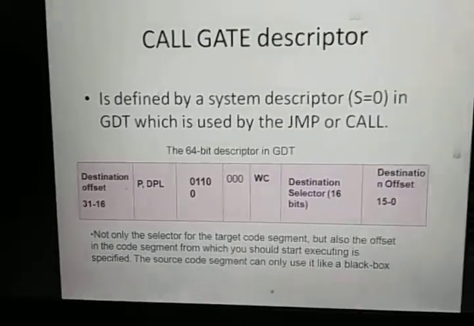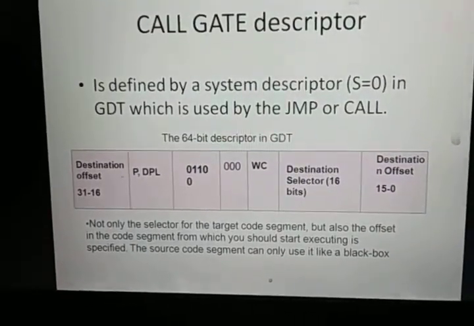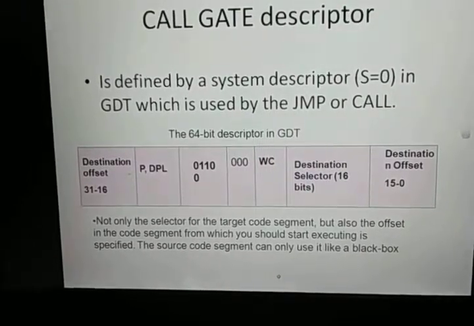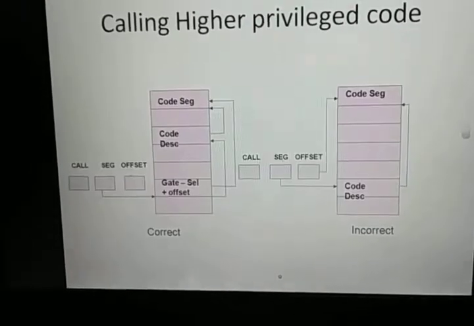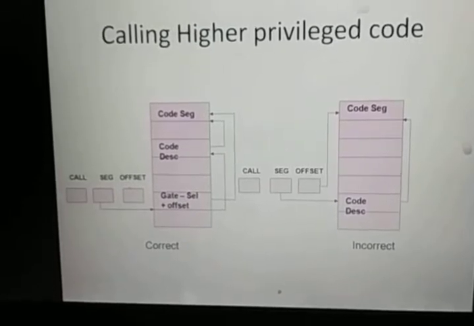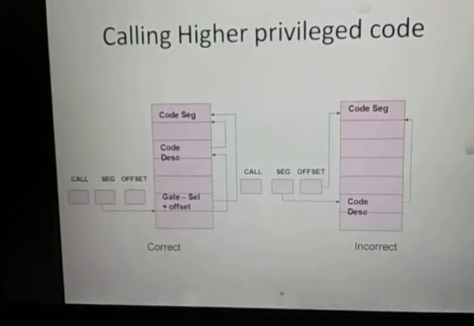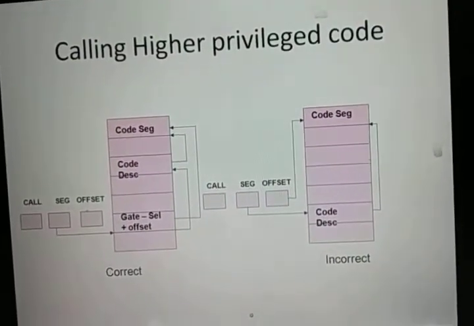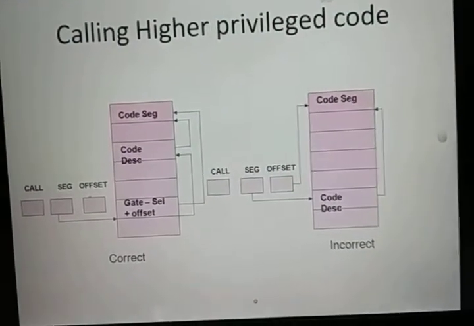Call gate descriptor. It is defined by a system descriptor in the GDT, which is used by the jump or call instruction. Here you can see the call gate procedure. In this diagram, you can see the call segment and offset field.